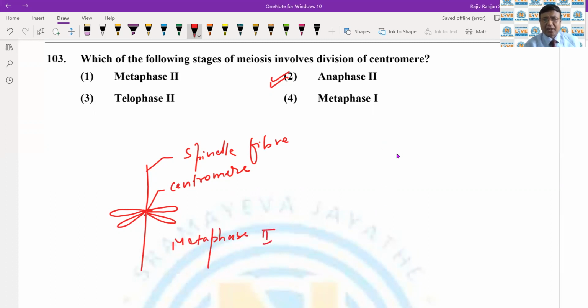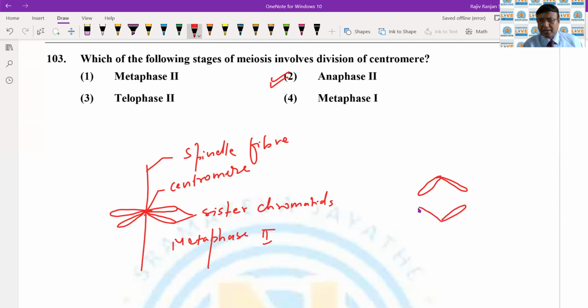Now, as anaphase 2 comes, the centromere is torn apart. It is broken down, and this is followed by the separation of the sister chromatids. These are the sister chromatids belonging to the same chromosome. As anaphase 2 comes, the spindle fibers shorten.